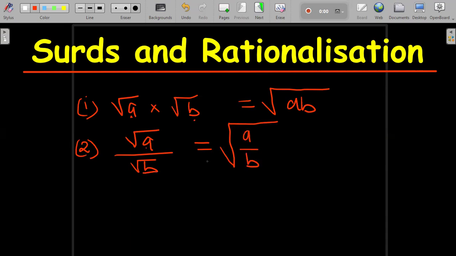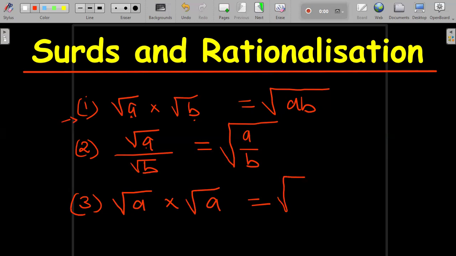And then the third one is when you're multiplying surds that are the same. If we have the square root of a multiplying by the square root of a again, from the first rule, this becomes the square root of a multiplied by a, since we have a there and we also have a there.